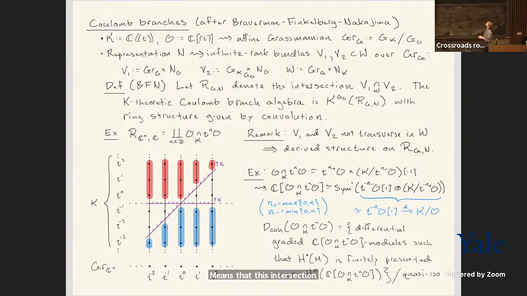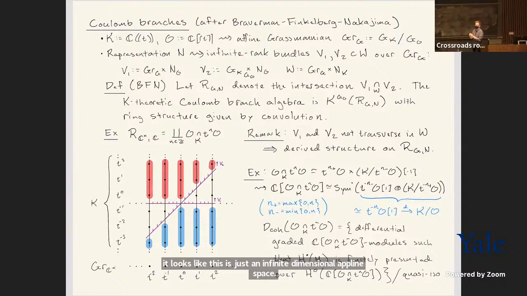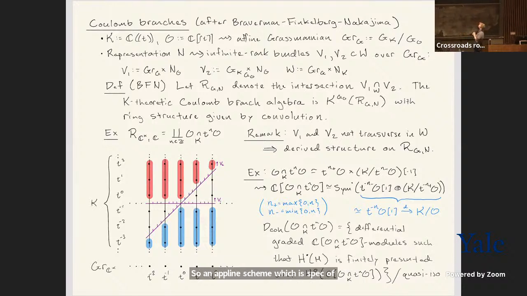And that's really what we want to consider when we talk about coherent sheaves. So what does that mean specifically? It means that, if I zoom in on a single connected component, it looks like this is just an infinite dimensional affine space. So an affine scheme, which is Spec of a polynomial ring in countably many generators.